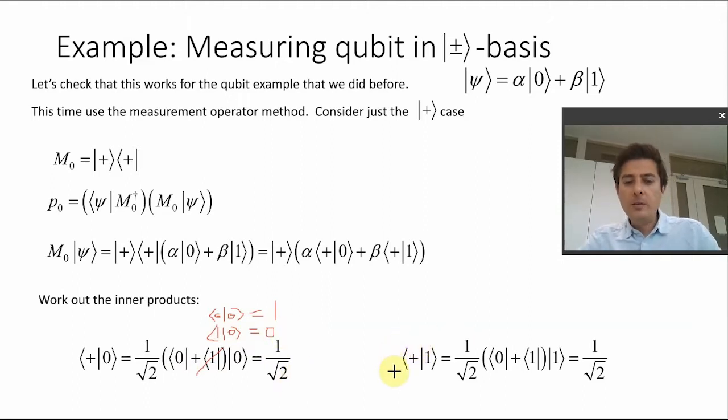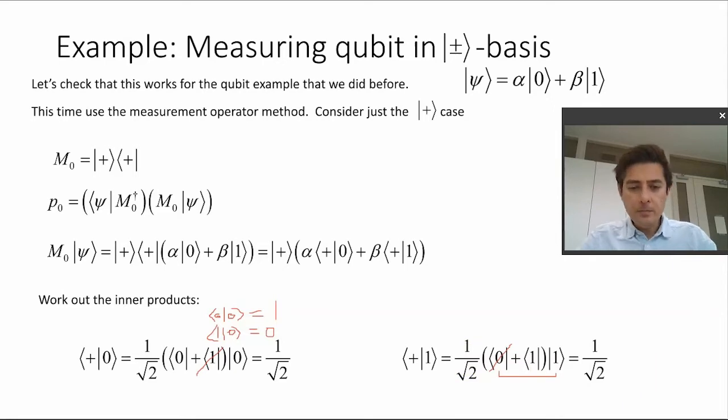For this one, the inner product of plus with 1, same kind of calculation, except that this term is going to be 0 because this inner product with the 0 and the 1, they're orthogonal. That becomes 0. The inner product of 1 and 1 is just 1, and then you get 1 over root 2.